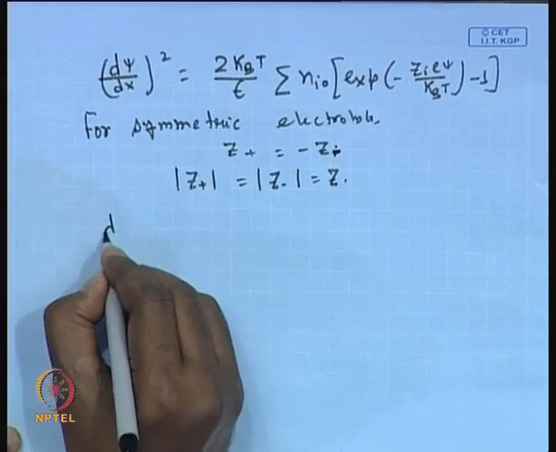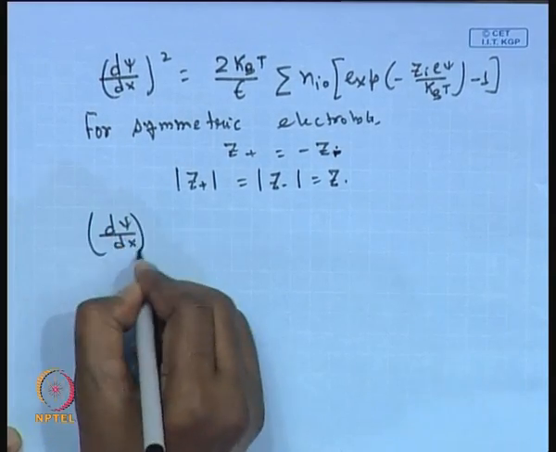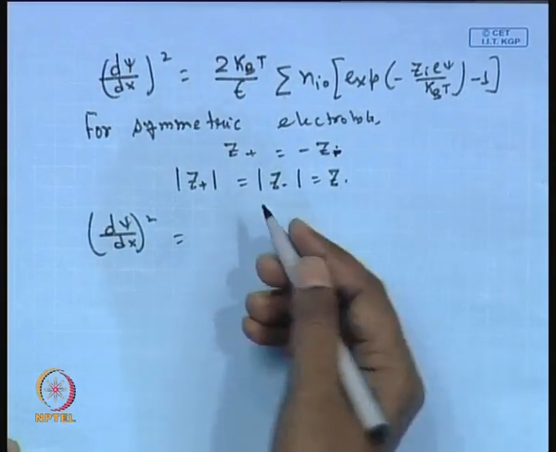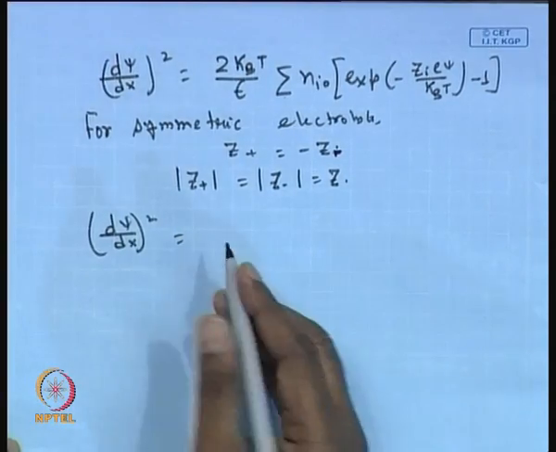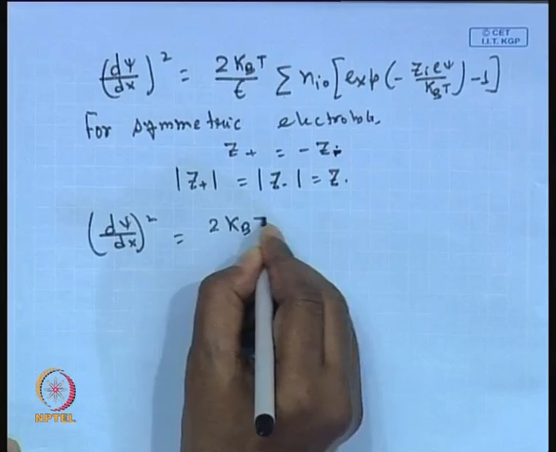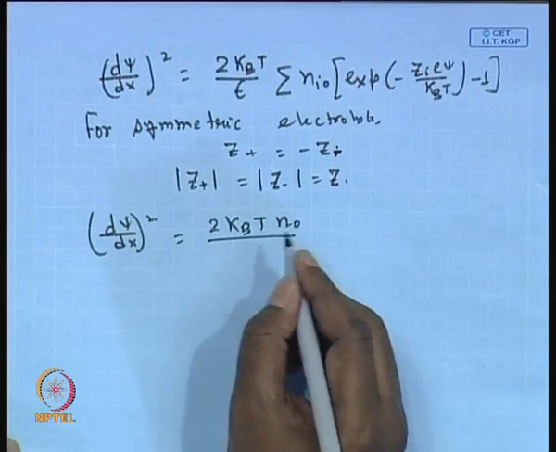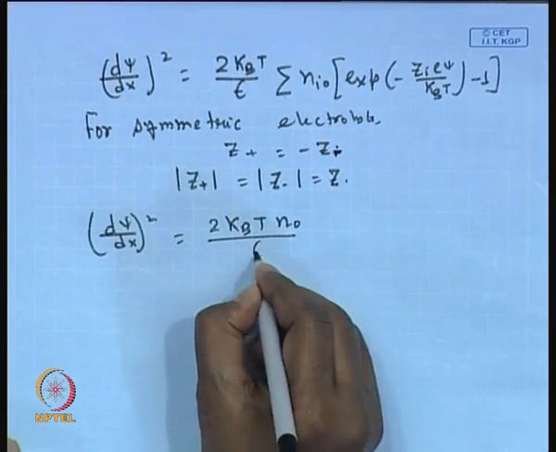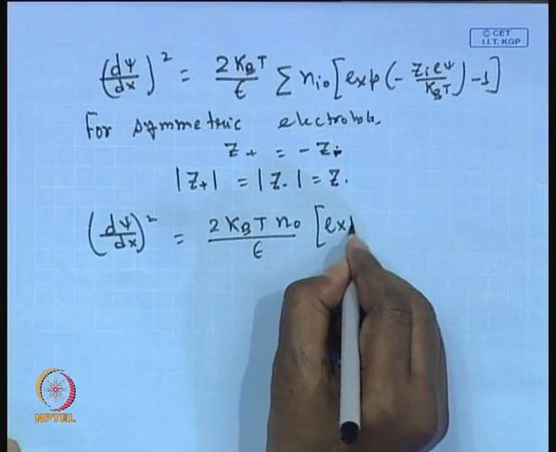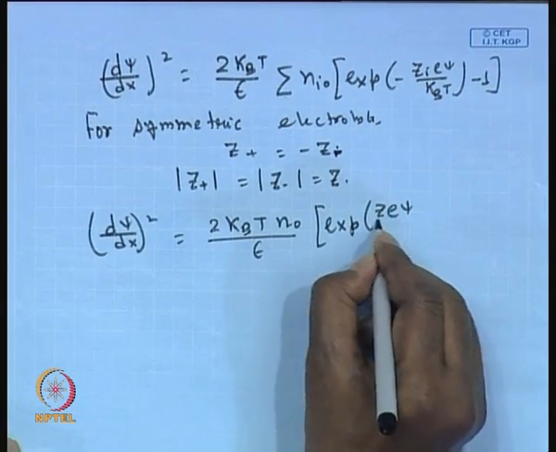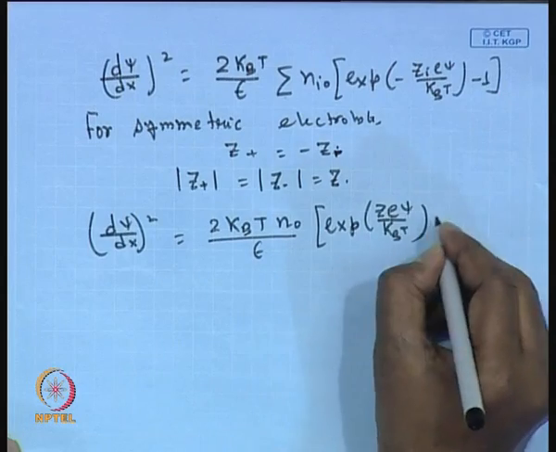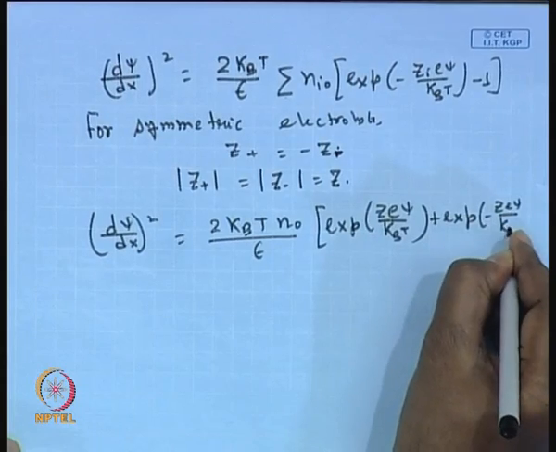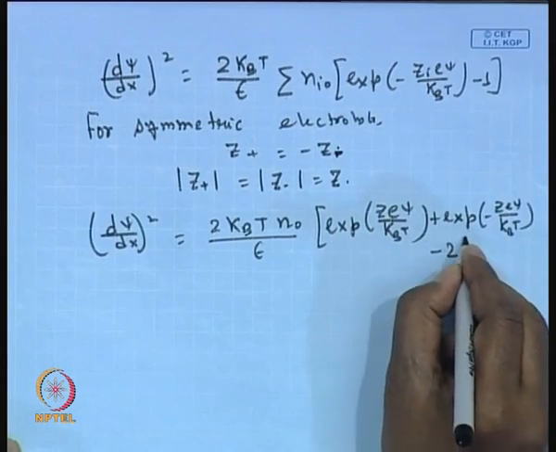So, d psi dx whole square becomes, if you now open up the summation series for ionic species 1 and ionic species 2, it will be 2 kBt N0, where N0 is the bulk concentration, N i naught will be basically N0 for both the ions, okay, divided by epsilon, exponential Z e psi over kBt plus exponential minus Z e psi over kBt minus 2.